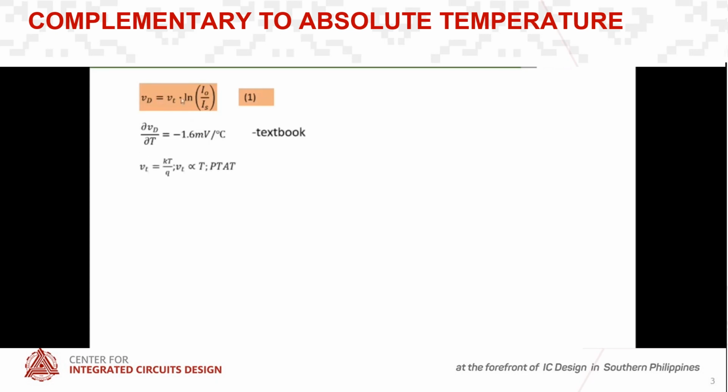From this, we know that the diode voltage has two terms. I'm sorry, my mouse is not working again. It has the thermal voltage and the natural logarithm of IO over IS.